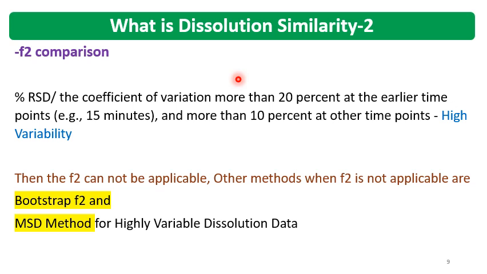So the bootstrap F2 method and MSD method are used for formulations which show high variability in the dissolution data. And high variability means more than 20% RSD at the initial time point and more than 10% RSD at the later time points.